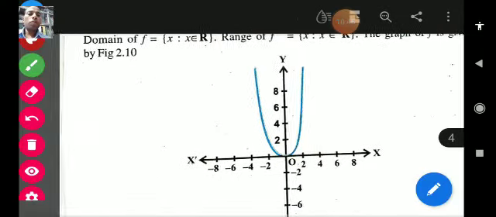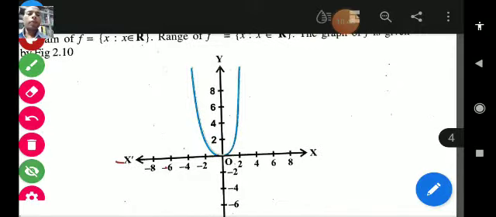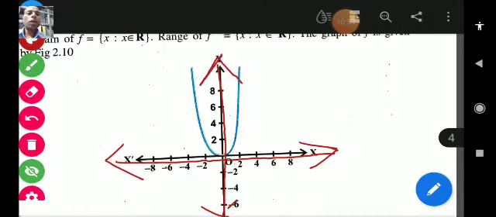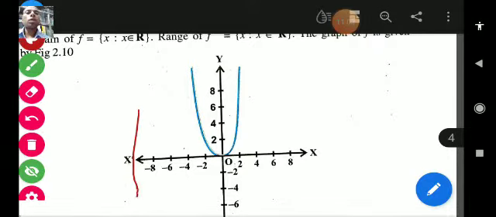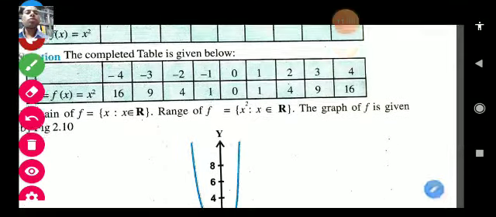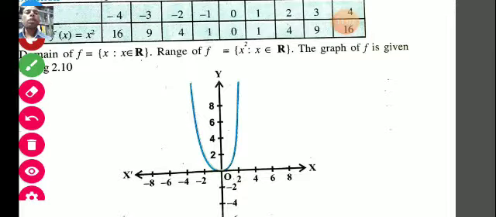First we draw the x and y axes, then we put the values from the given table. If you put those values, you will get this type of bell shaped curve, and it has one specific name, that is parabola.